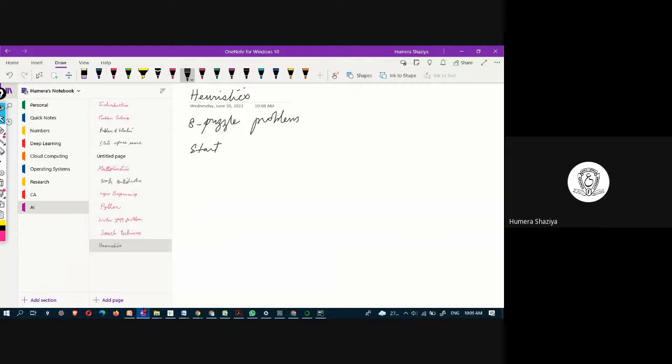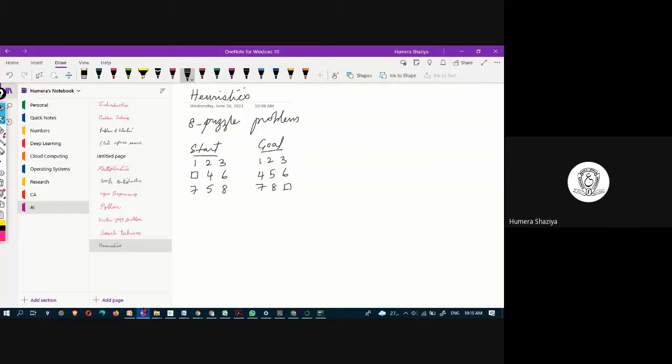Start state could be in this manner: 1 2 3, this is the empty tile, and 4 6 7 5 8. The goal state is 1 2 3 4 5 6 7 8 empty tile. Here there are 8 numbers and you have to arrange them in the specified configuration.